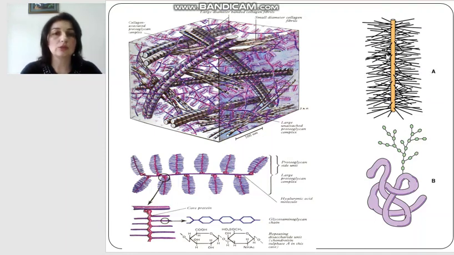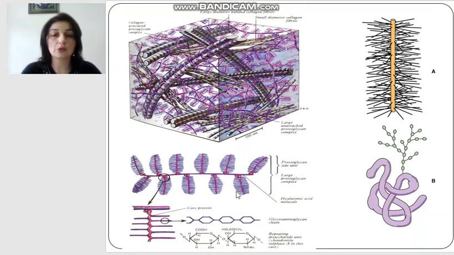They also differ in shape and size, and for example, if we are talking about the aggrecan proteoglycans, pay attention. Here is one aggrecan molecule. These aggrecans are mainly inside of the cartilage tissue and also in connective tissue proper. Via their core proteins, they attach to a long chain of hyaluronic acid.